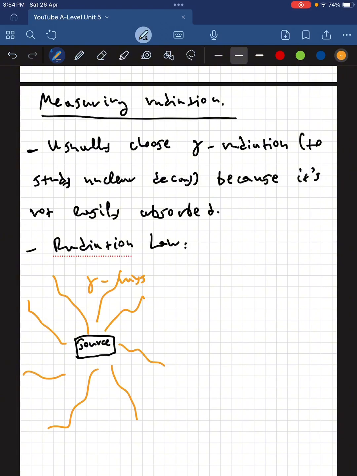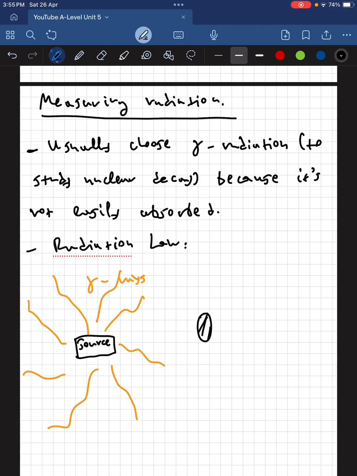But this radiation is spread in a sphere. If you imagine it in space, the radiation spreads in a sphere around the source, just like the sun is a source of radiation, and it emits radiation radially away from it. It's the same with radioactive sources.